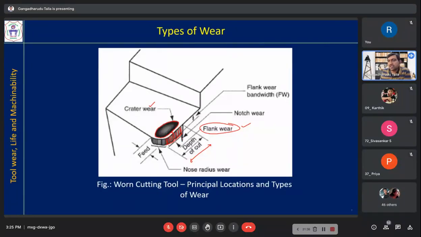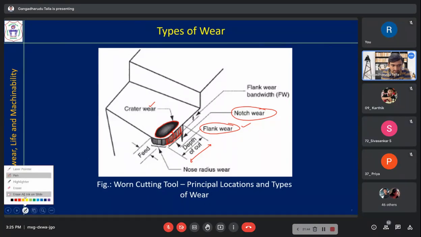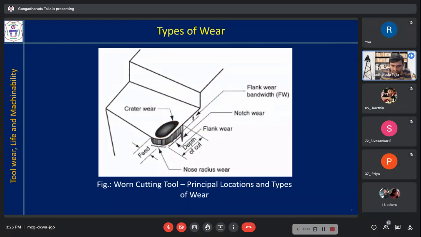Towards the end of this flank wear you can see a notch wear. The notch is here at the end of this flank. Why is this happening? The chip is getting formed and going in this direction.